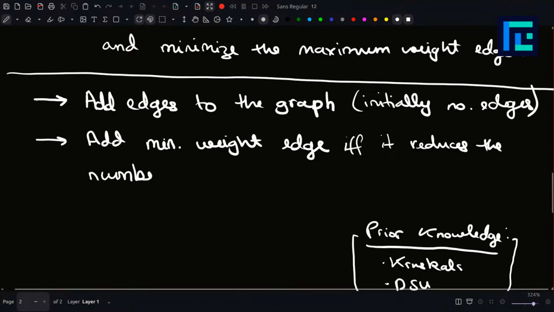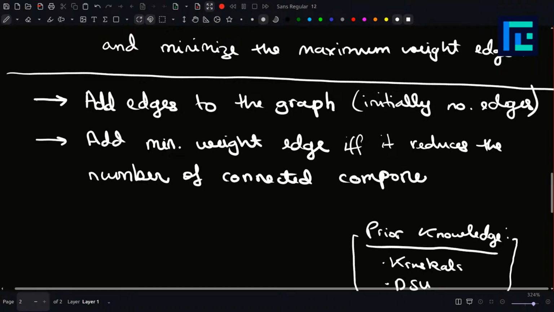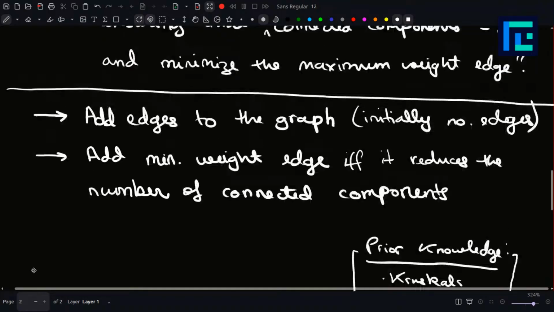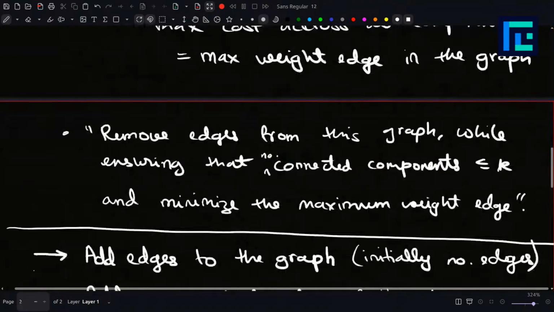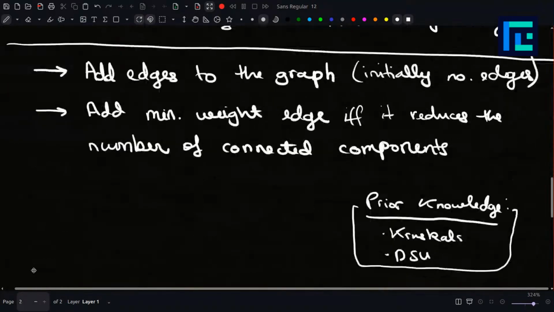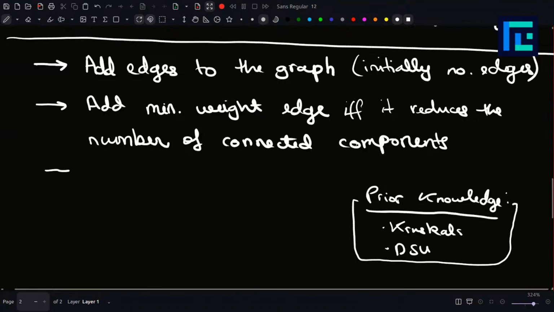This is the same thing we do for Kruskal's MST. But the way Kruskal's minimum spanning tree works is that it stops only when the number of connected components becomes one. Here we can stop when the number of connected components becomes less than or equal to k. So whenever it becomes exactly k, we can stop.